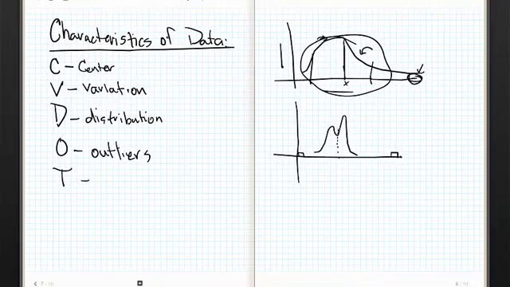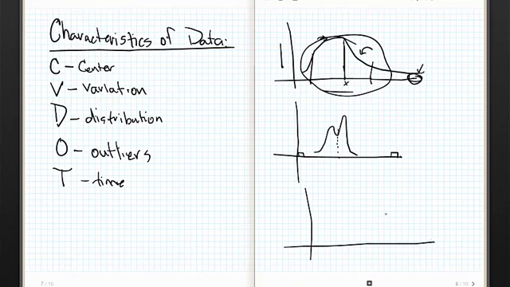And then last but not least, depending on the type of distribution you're looking at and how the data is being presented, we can talk about time. T has to do with time. In the case of what we're looking at right here, time doesn't appear to be a factor, but we've all seen a stock market chart.